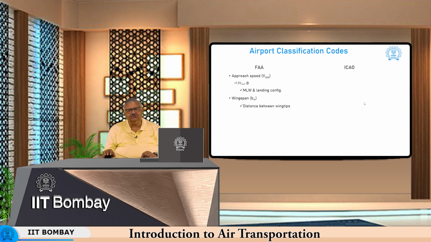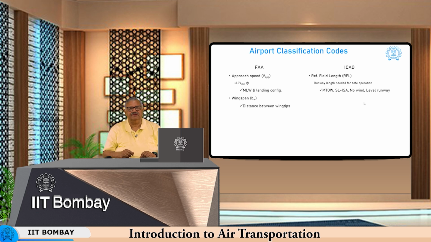Now, ICAO on the other hand uses what is called a reference field length. The reference field length is the runway length needed for safe operation of the aircraft under the certified maximum takeoff weight at sea level conditions under the International Standard Atmosphere, called SLISA, no wind condition, no headwind, no tailwind, and the runway being level.